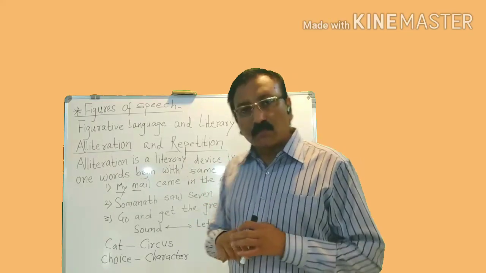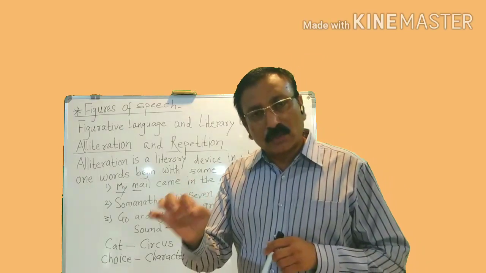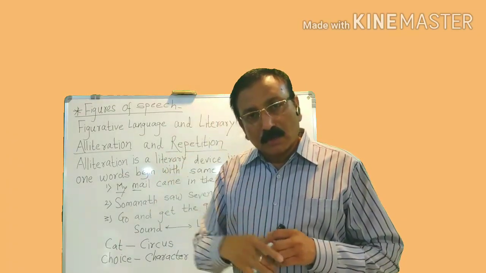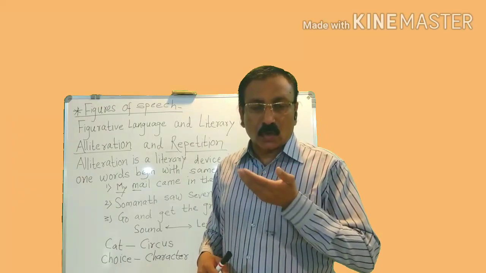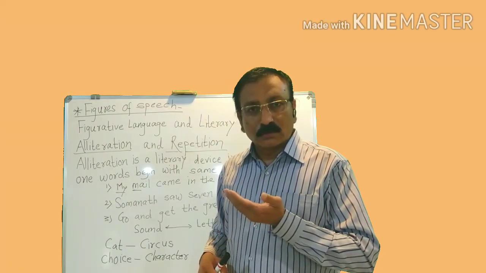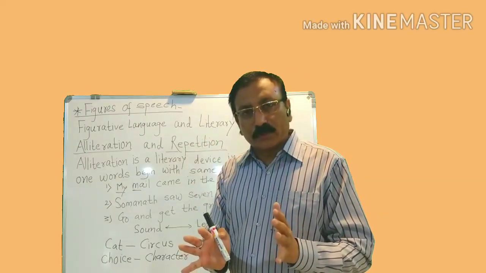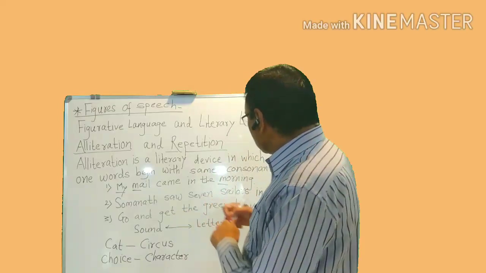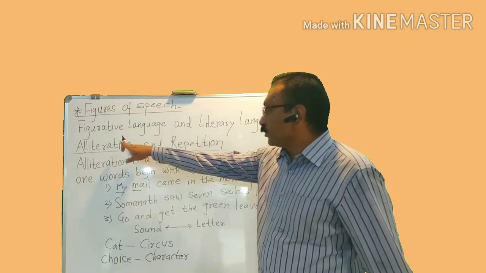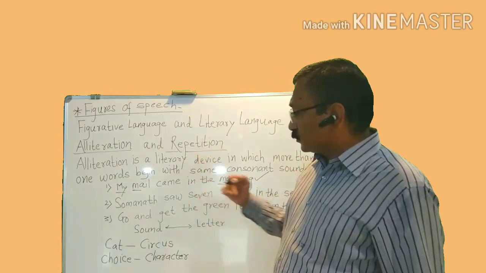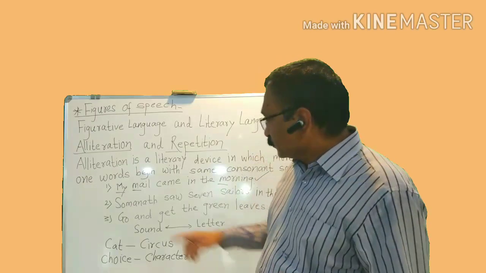And the last word, morning, also begins with the same sound, m. So when there is a repetition of the same sound in more than one word in the line of the poem, that line is an example of alliteration.